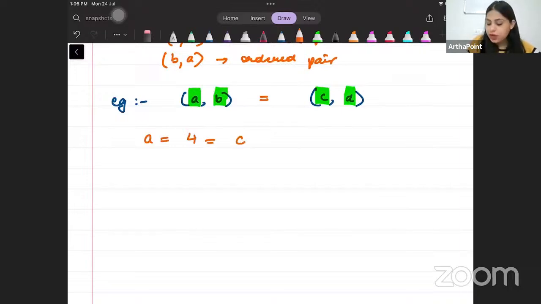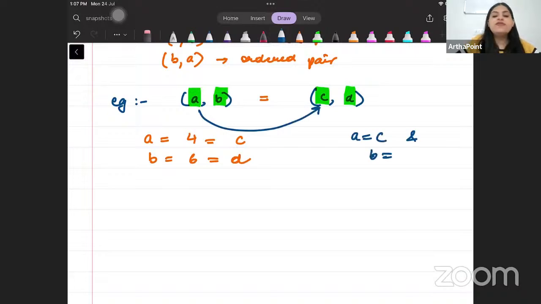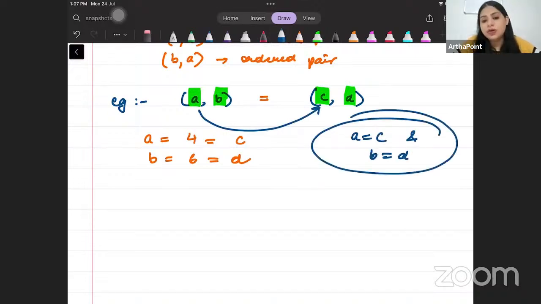Both of them should be 4. If B's value is 6, then D's value should also be 6. So beta, these are equal to each other if A is equal to C and B is equal to D.